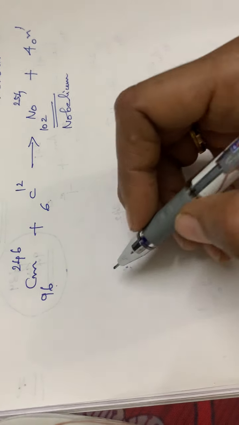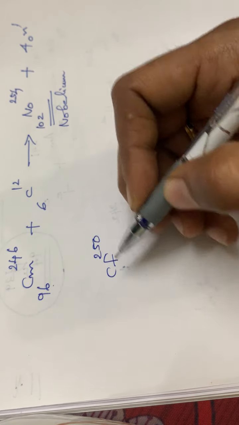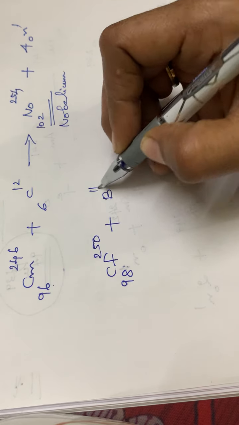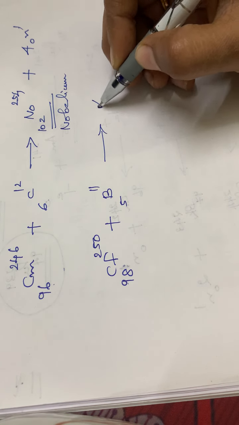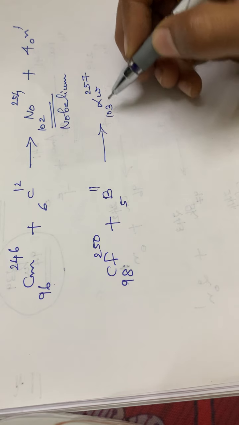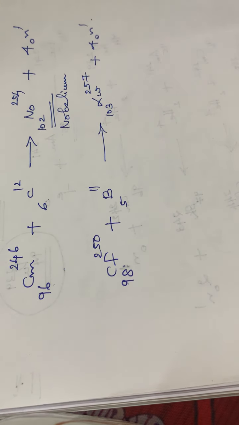And then the next element, californium 250, 98, is bombarded with boron 11, 5, an isotope of boron. So we will have lawrencium, Lr 257, 103 plus 4 neutrons.